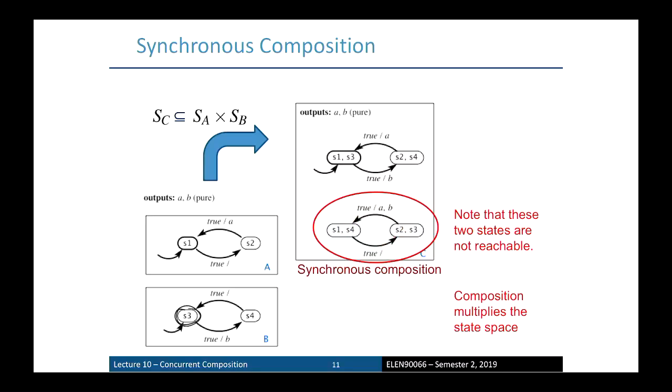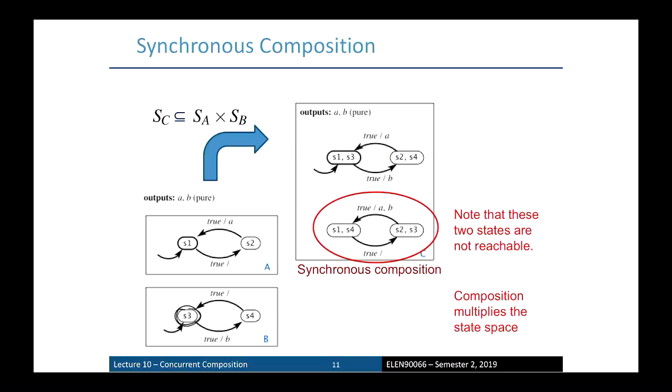But the composition of states S1, S4 and S2, S3 are not reachable, okay? We could never get the case where you end up in S1, S4, because if they both default to this state, then on the next reaction, they will both migrate to S2, S4, right?